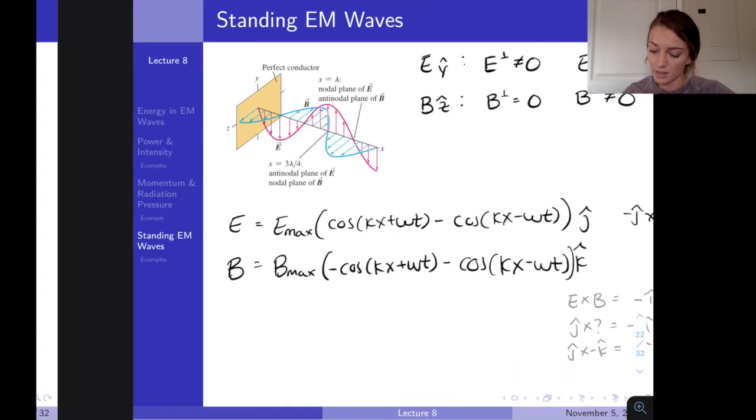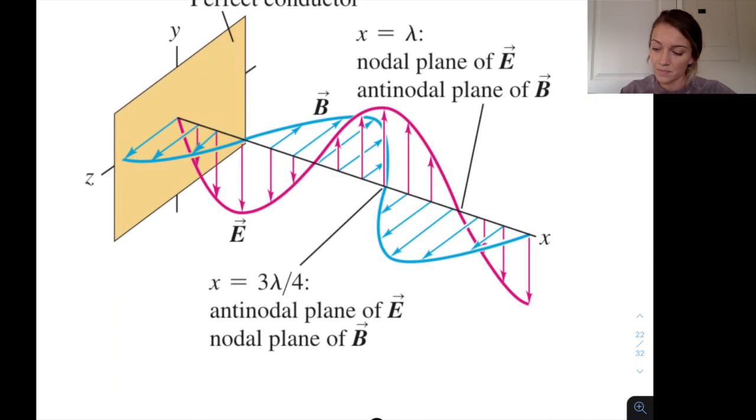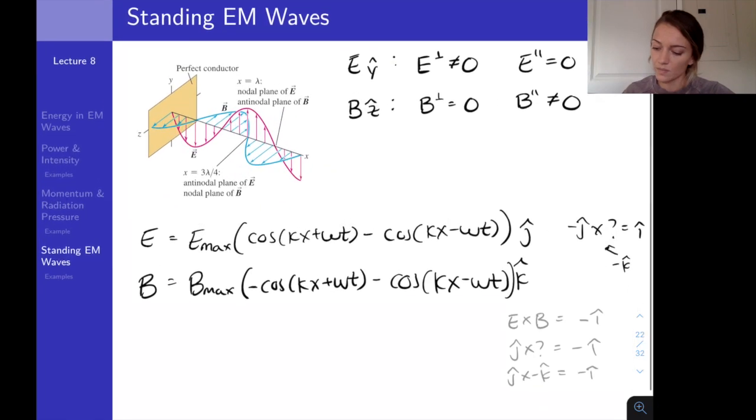And that's because at our boundary, the electric field was 0, so it has to be a sine function in that case. And our magnetic field was not 0. You can see clearly here it's at an antinode, so that means it's going to be a cosine function.